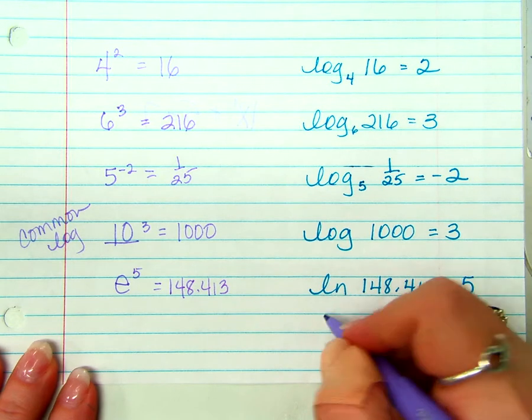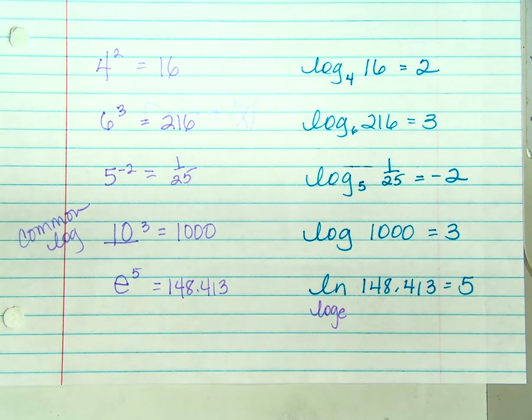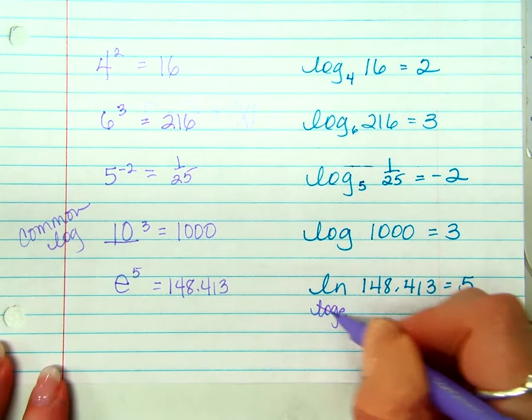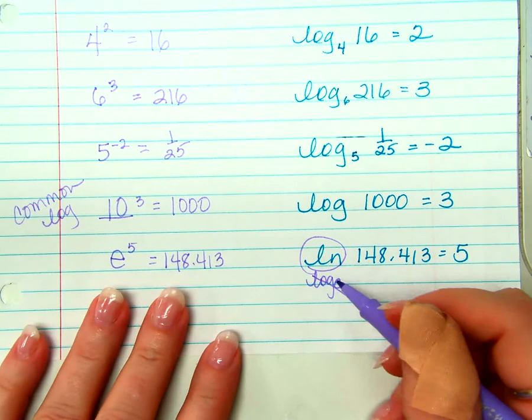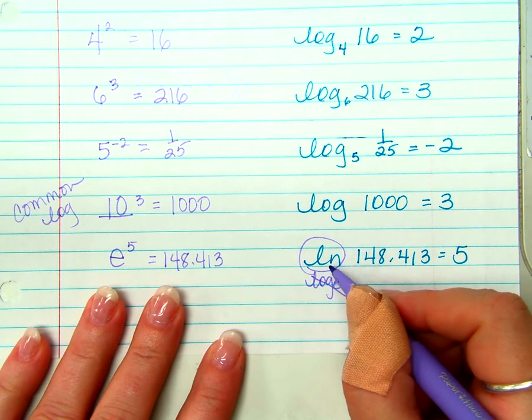Natural log. You can also write log base e, but if you do, I will probably make fun of you very quietly. Okay? Probably not, but you know what I'm saying. We don't write log base e. What we write is natural log. Got it? Now, there's been confusion in the last couple of years about why natural log is ln.